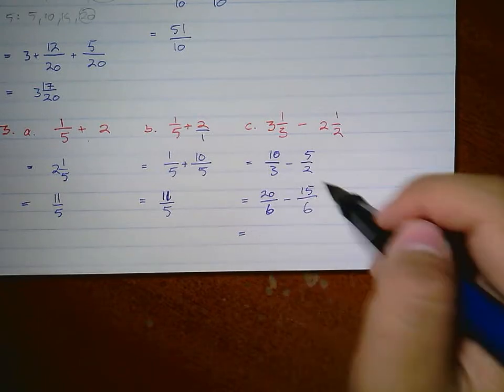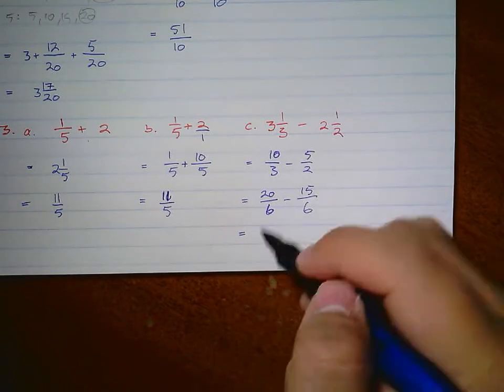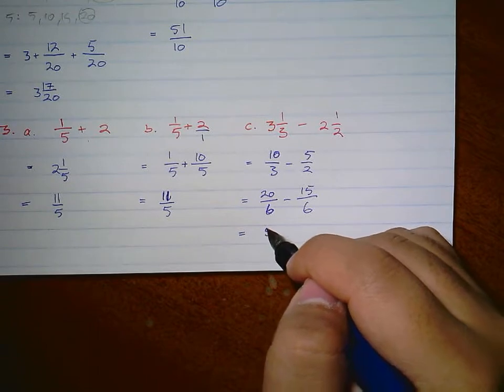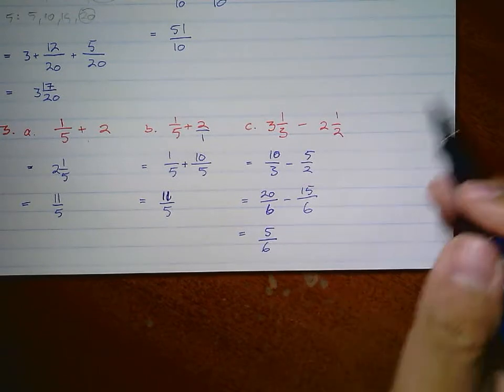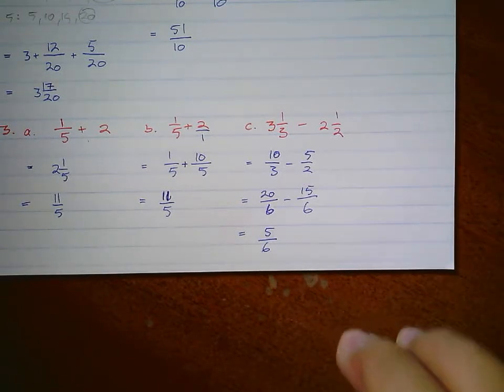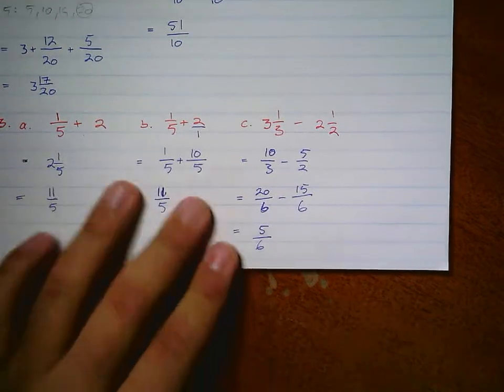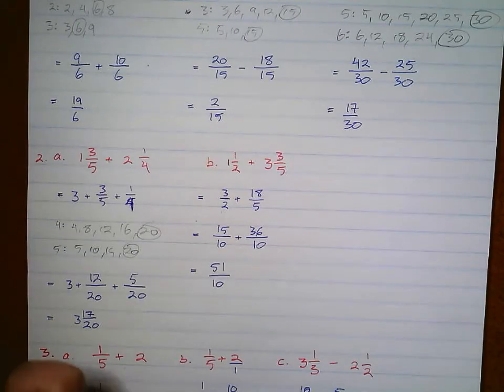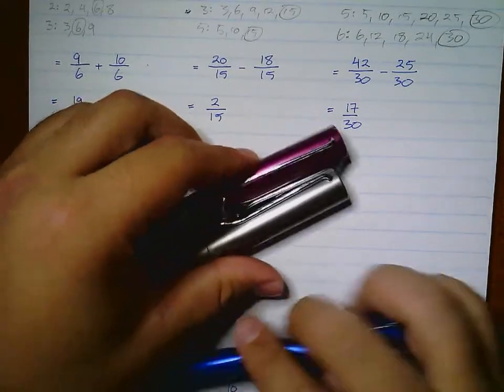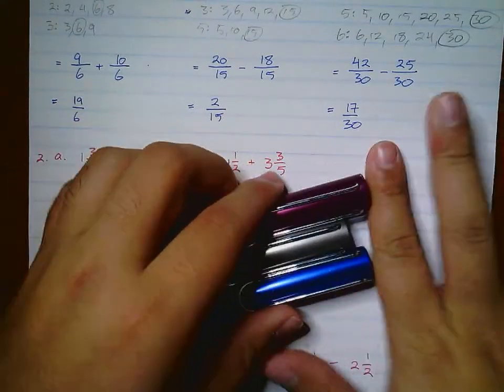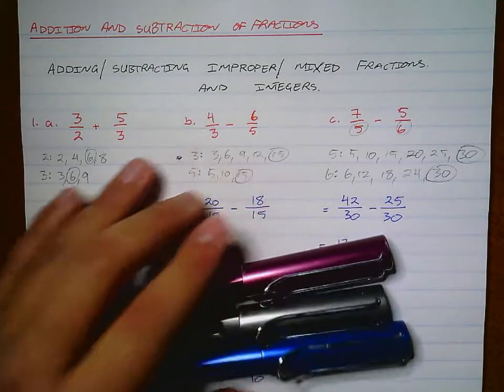This final answer, 20 take away 15, gives us 5 over 6. So I hope this gives you an insight into the addition and subtraction of fractions with improper and mixed fractions and integers.